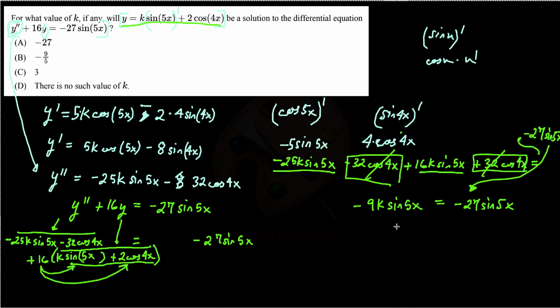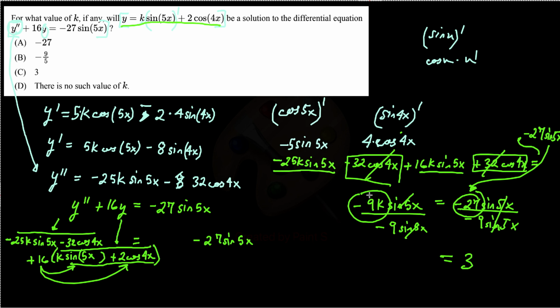Now I'm pretty much good, because negative 9k has to equal negative 27. So what's the k value that will make this true? Divide by negative 9 sine 5x on both sides and you will solve for k. This cancels. Negative 27 over negative 9 is positive 3, and negative 9 over negative 9 leaves just k. K is 3. And that is my value for that first one.